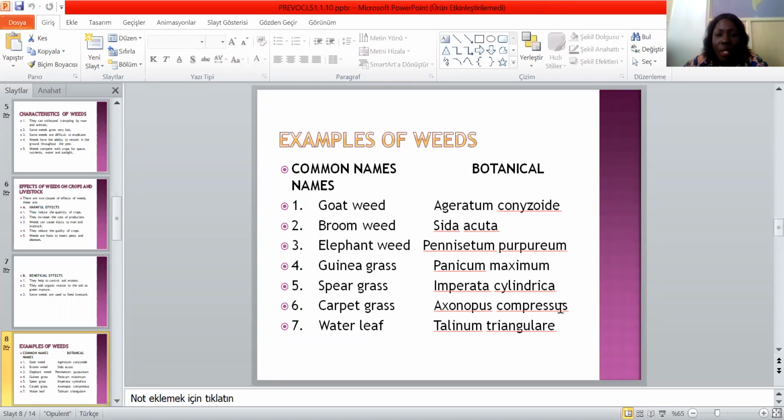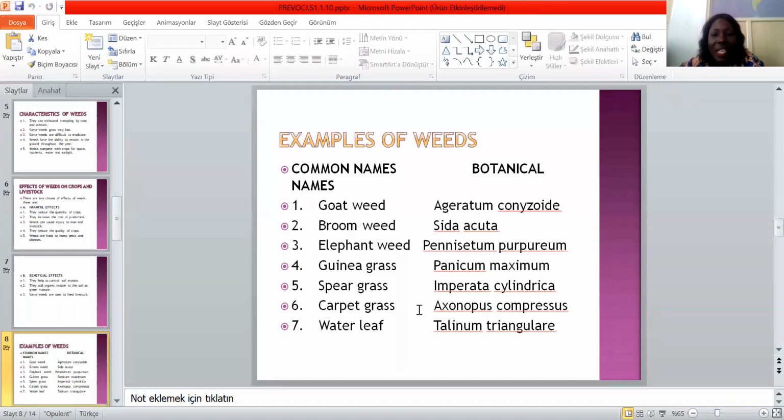The botanical name is called Imperata cylindrica. Number six, carpet grass. This is called carpet grass because it spreads all over the soil surface. It does not stand erect. It covers the soil surface. The botanical name is called Axonopus compressus.